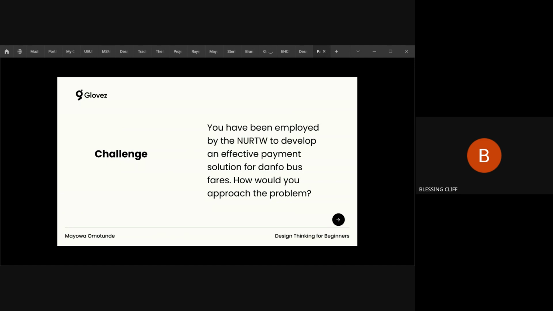Okay, so for me, based on what we've learned so far, is to conduct research. Probably with people that usually take danfo buses often, to get a perspective of how they pay their fares and on payment solutions.